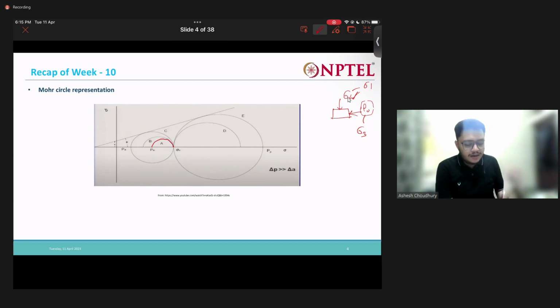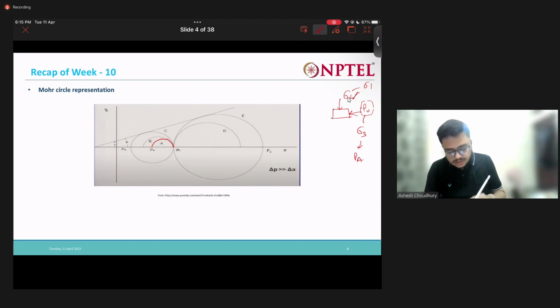Now what will happen if you keep on further reducing this P naught? You will reach this PA point. So this will again be the sigma 3. You are reducing this, so we will reach this PA point. This will be my active earth pressure. And what will happen in the passive case? In the passive case you have a vertical stress acting and you have the passive pressure acting, right?